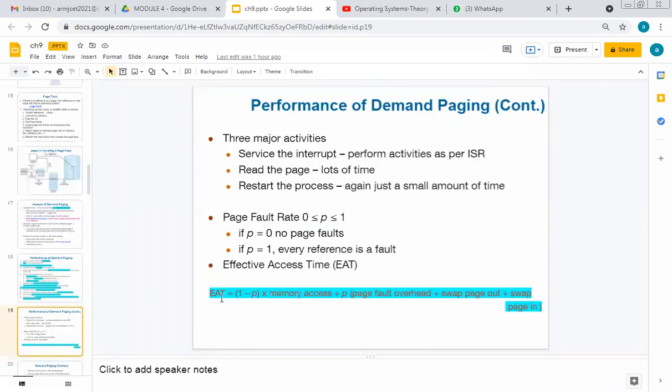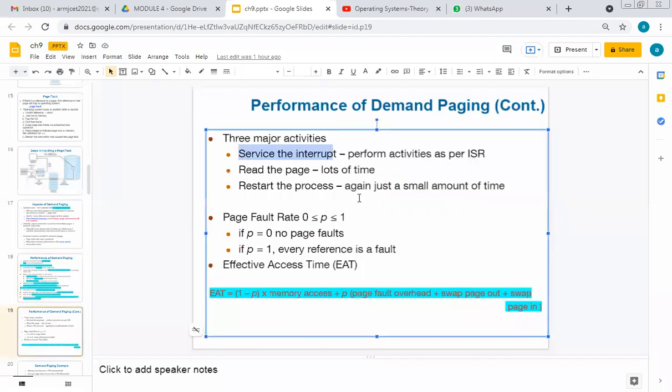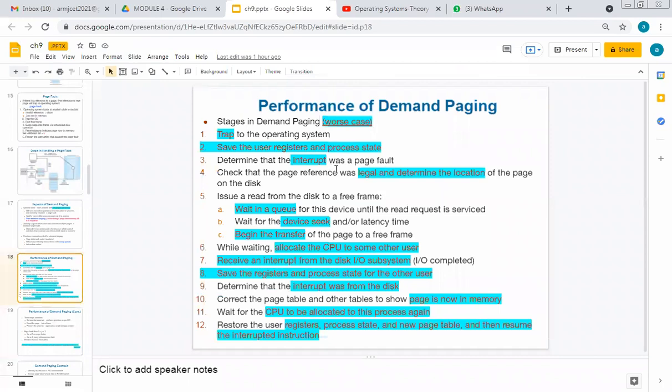Right, now performance measuring. See, there are three major activities as I told. Since we consider a missing page as an interrupt, there exists a concept called service of the interrupt. What do you mean by interrupt service? There is a standard procedure for how to handle the interrupt that occurred, using the interrupt service routine table. A process cannot behave in its own way.